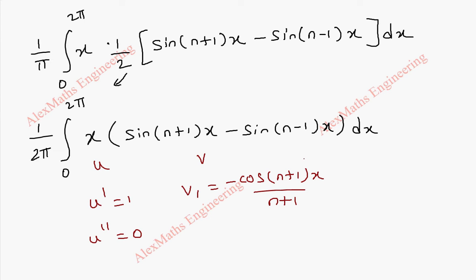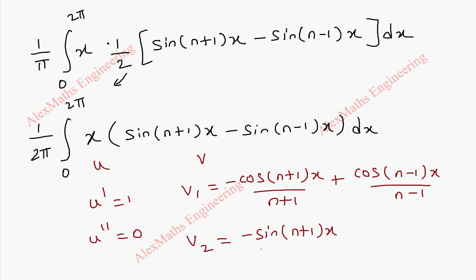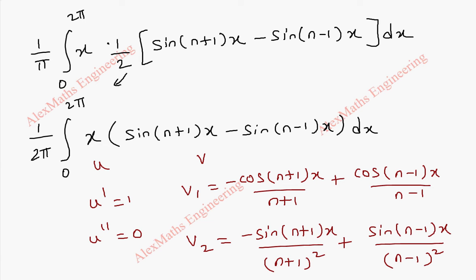Again, this is minus, but already there is a minus sign, so we can make this plus cos of n minus 1 x by n minus 1. Again, v2, this integration will be minus sine of n plus 1 x by n plus 1 whole square, and this is plus sine of n minus 1 x by n minus 1 whole square.